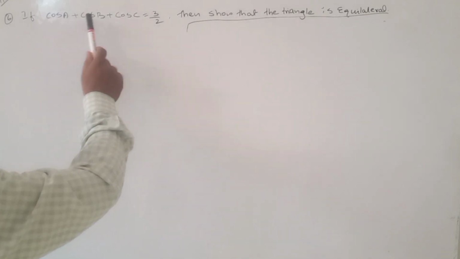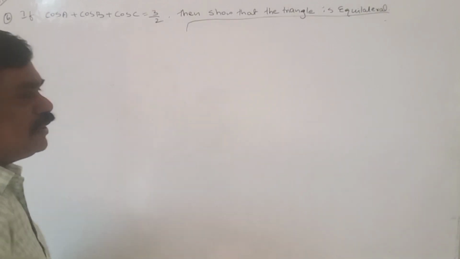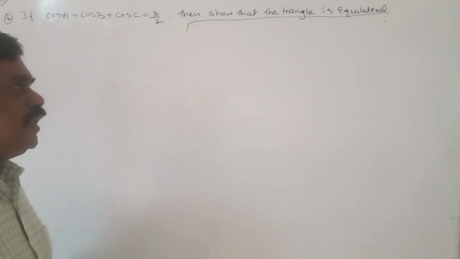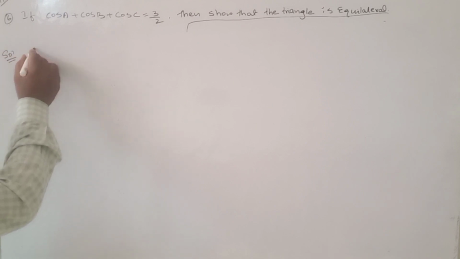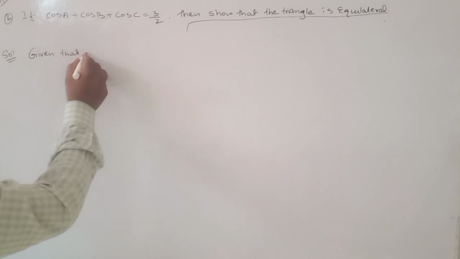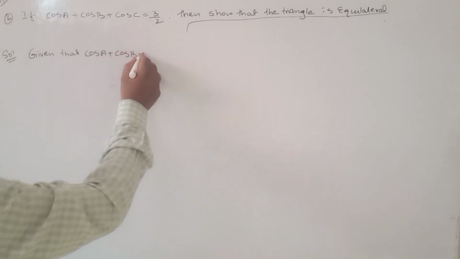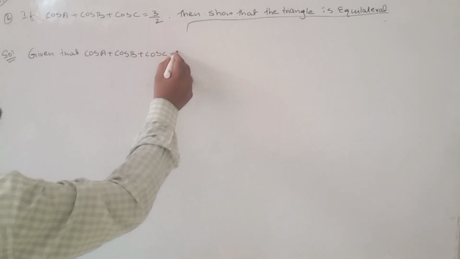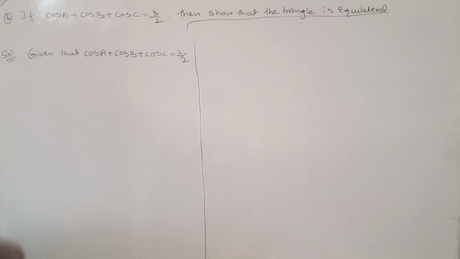If cos A plus cos B plus cos C is equal to 3 by 2, then show that the triangle is equilateral. So here the given condition is cos A plus cos B plus cos C is equal to 3 by 2.